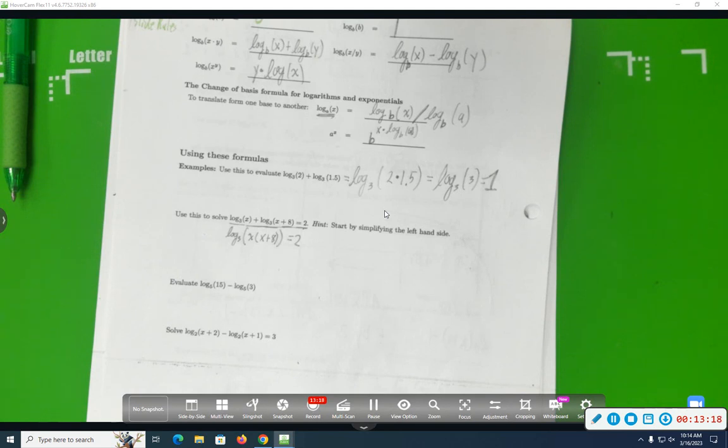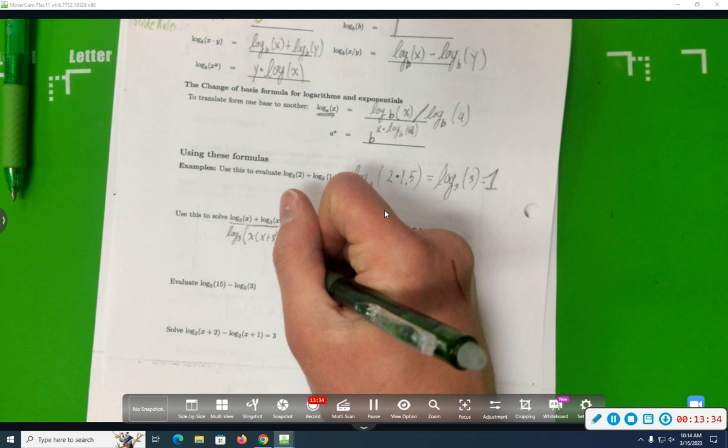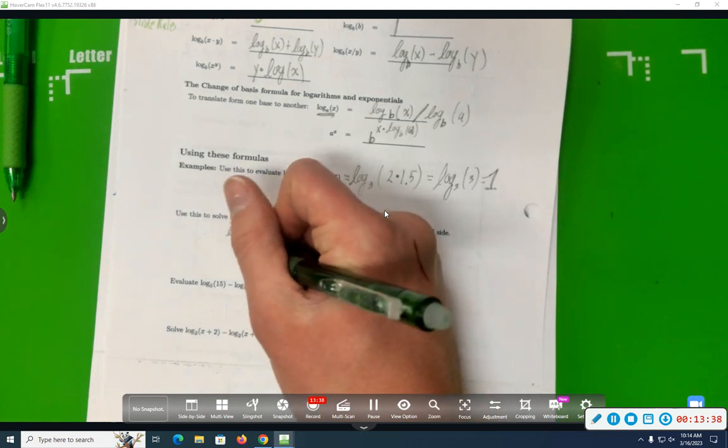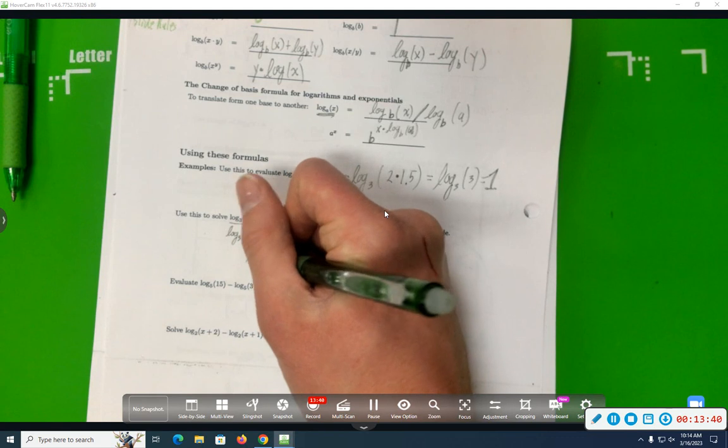And all the variables are inside of the logarithm, so let's rewrite it in exponential form. What does that become in exponential form? Yeah, so the base is 3. It gets squared equals the thing inside of the parentheses, x times x plus 8.